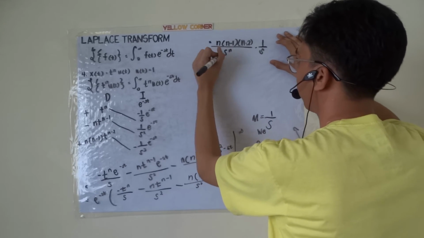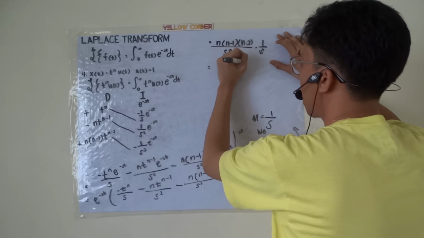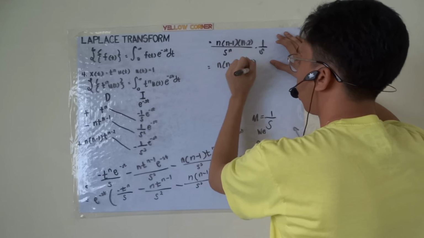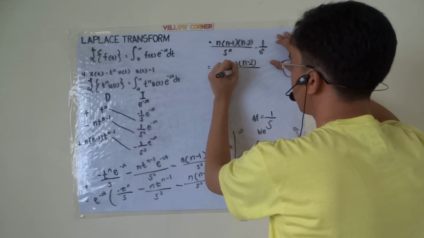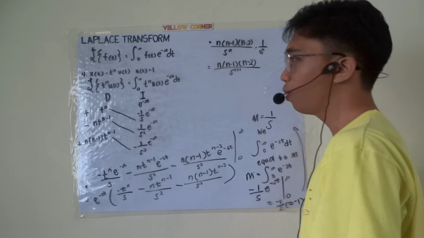Multiplying this, we'll have n times n minus 1 times n minus 2 over s raised to n plus 1, based on our law of exponents.